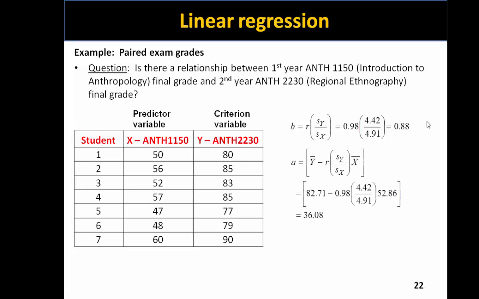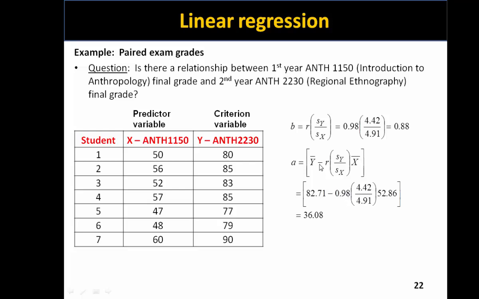Moving on to the calculation of our y-intercept, we see it's a little bit more involved, but we calculate from our descriptive statistics. We had calculated a y bar value of 82.71 of this column here. We have, when we subtract the product of R, which is 0.98, so this is a positive 0.98.